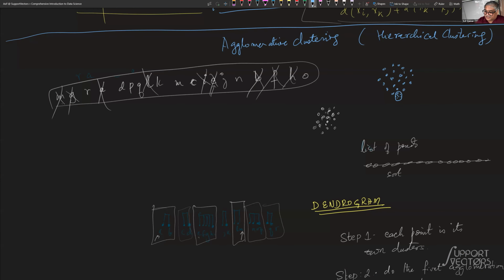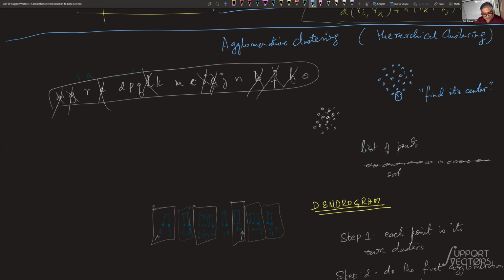Let's say that this was the EFGHI subgrouping. Now what you do is you have a cluster, you find its center. And so for each of these little clusters, you find their center, right?